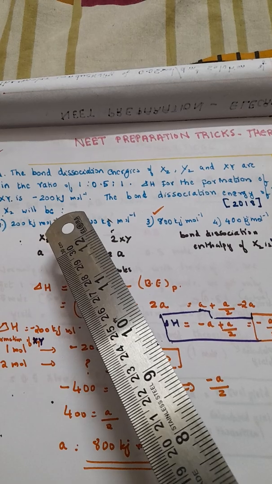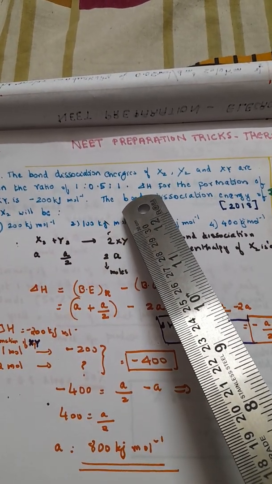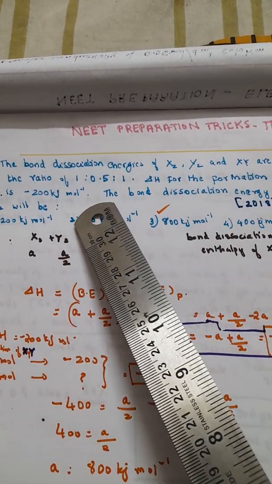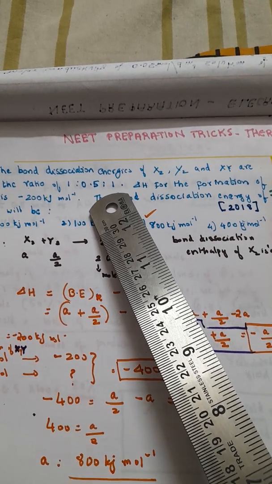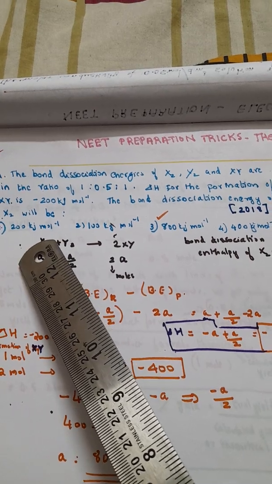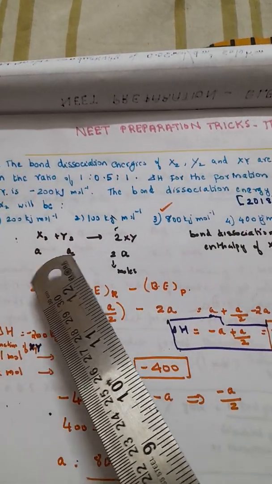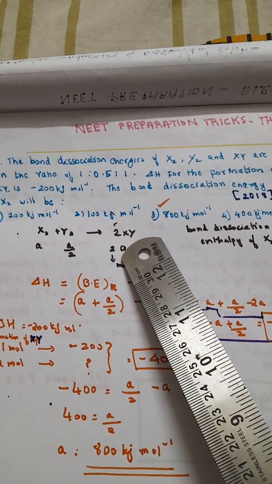So what all details are given in the question? It says that bond dissociation energies of X2, Y2 and XY are given in the ratio 1:0.5:1. The options for the answers are 200, 100, 800 and 400. First of all, we will write the equation X2 plus Y2 giving 2XY.